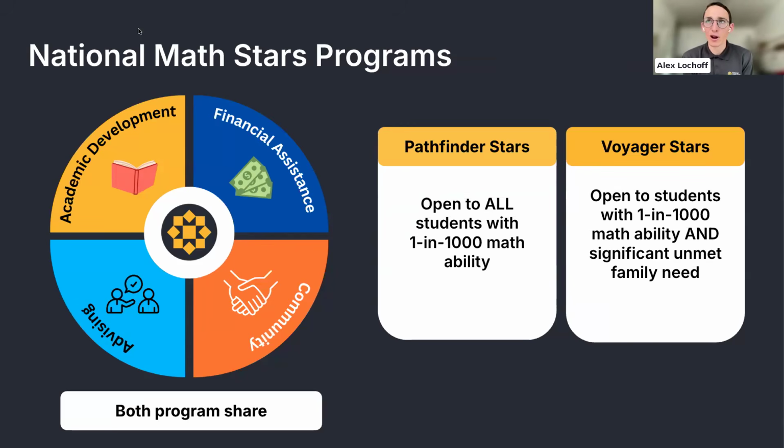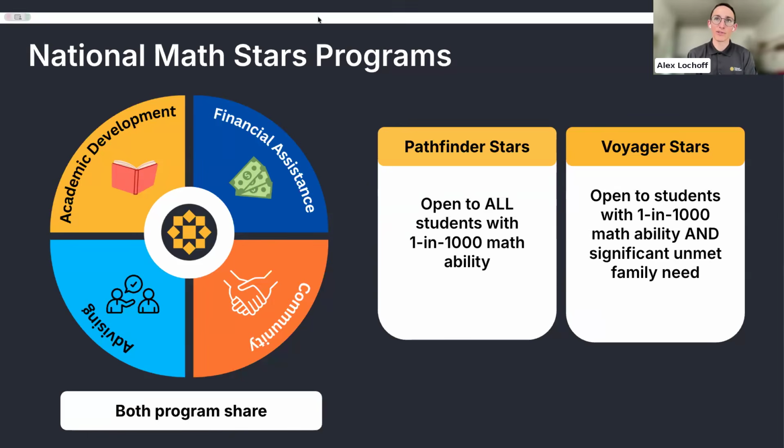Our Voyager Stars program holds that same math ability bar. We're looking for 1 in 1,000 math talent, but it also considers a family's level of need. We're looking to serve with our Voyager program families furthest from opportunity with the greatest need, where our investment is most essential to help them access resources.